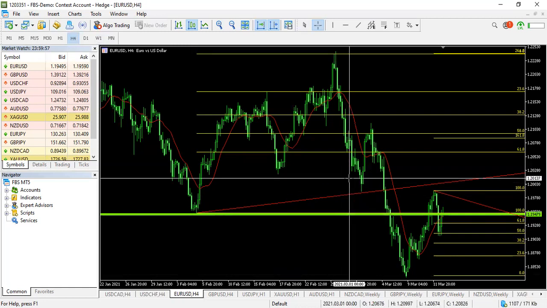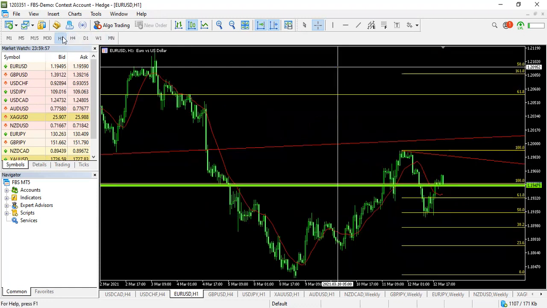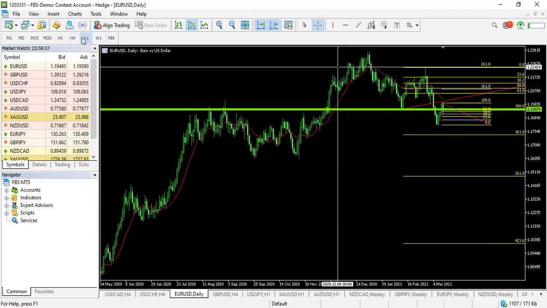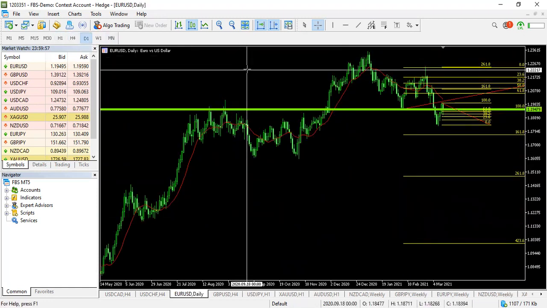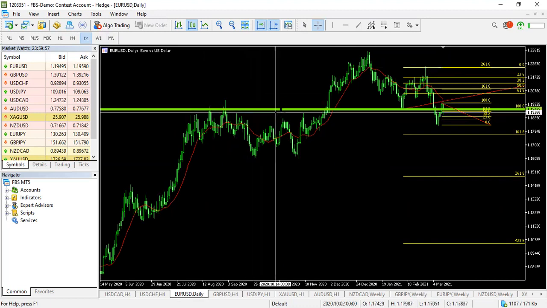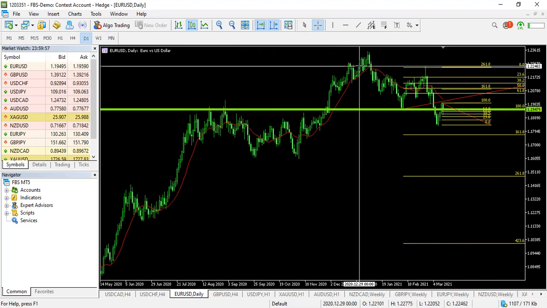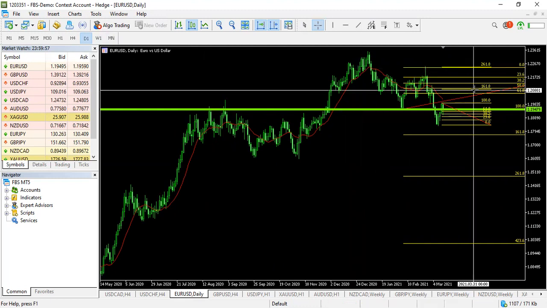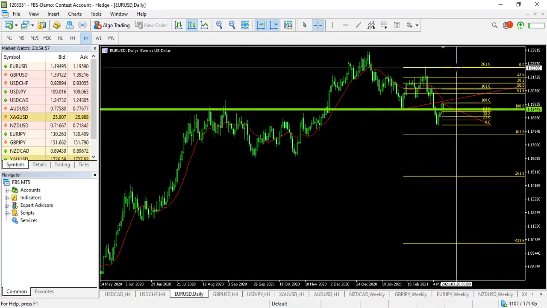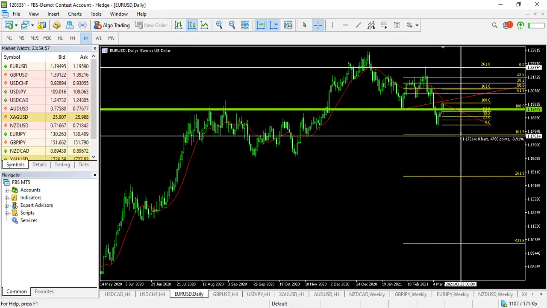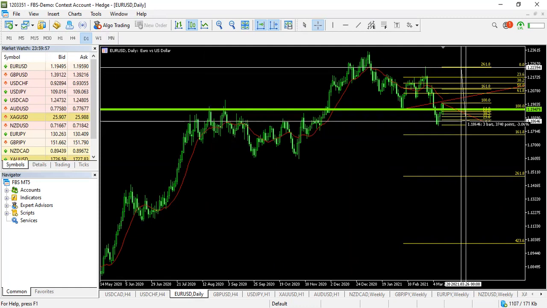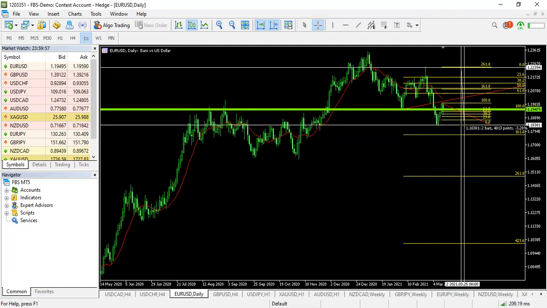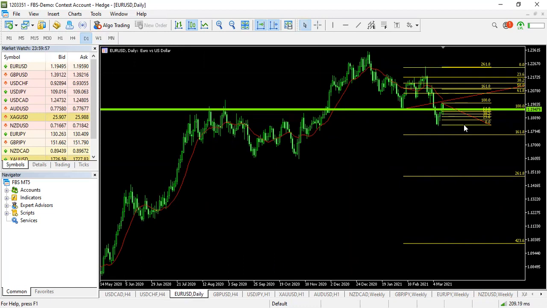And on the upside, the only resistance that I can actually sell would be here at 122 500, which is also the pivot point. So if the market can reach this zone, I would be so happy because that's where I would love to sell this market all the way to probably 118 400 zone, which is about 400 pips move.